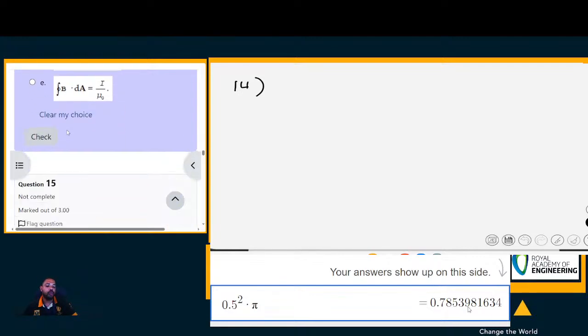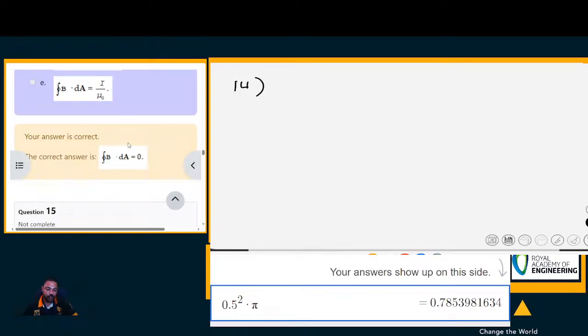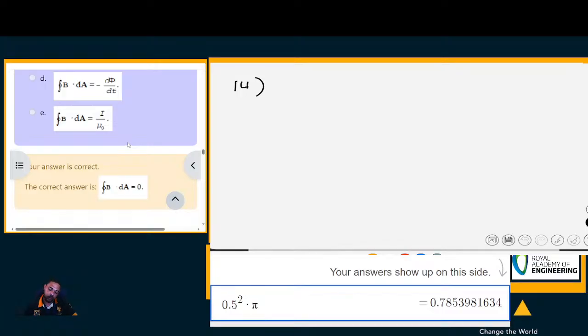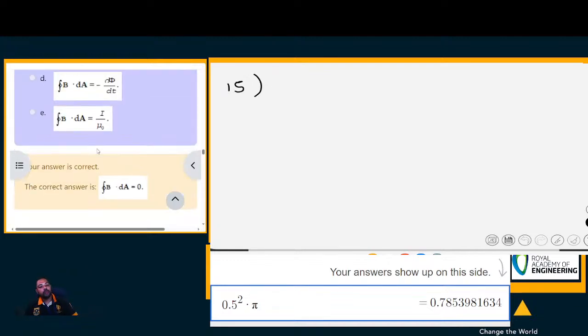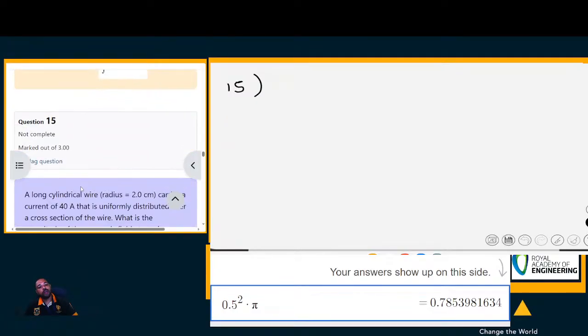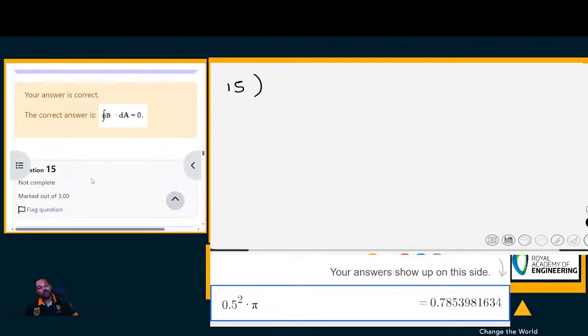That you should know. It's just a theory question. Yeah, that's correct. Remember here, the magnetic field through any closed surface is equal to 0. That's Gauss's law for magnetism, analogous to that one.